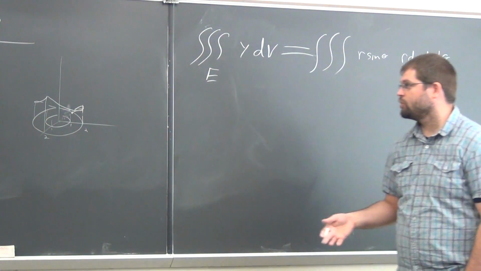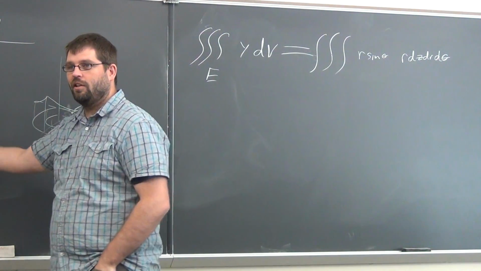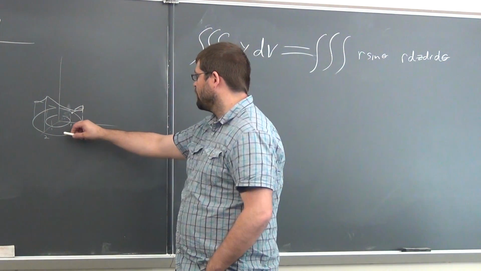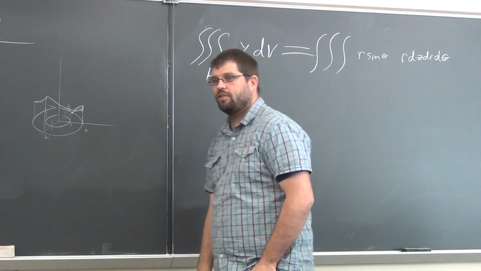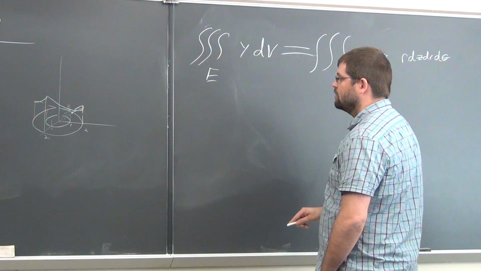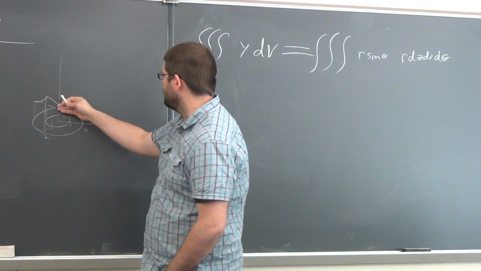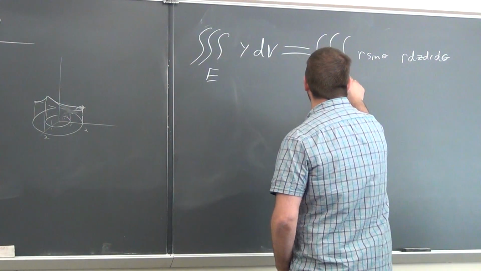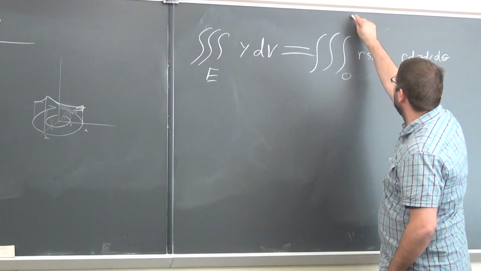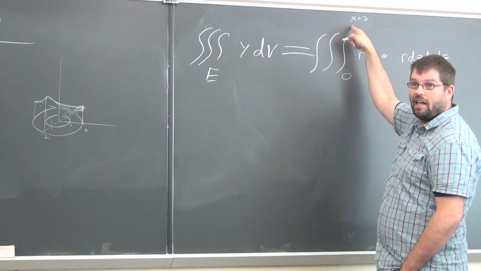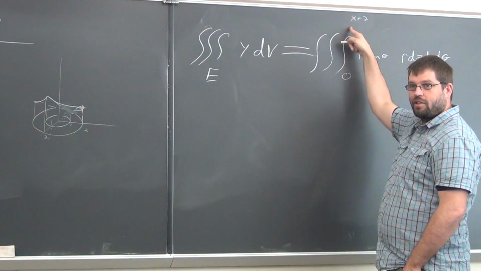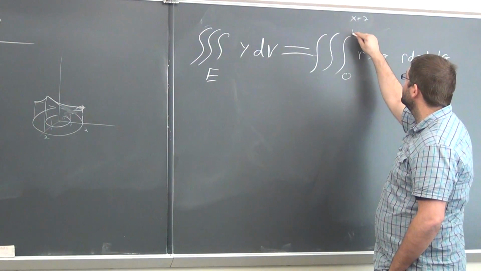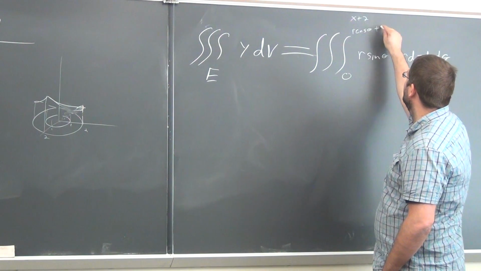And then be careful because you have to convert your functions as well. So where do our z's go from? 0 till they hit the plane, so from 0 to x plus 2, but that's not in cylindrical coordinates. So how do we convert that to cylindrical? r cosine theta plus 2.